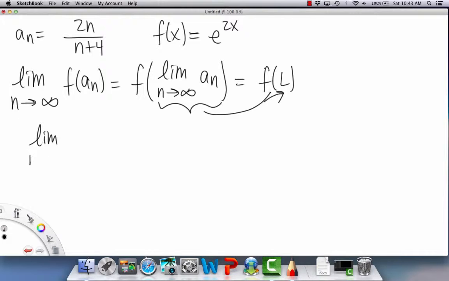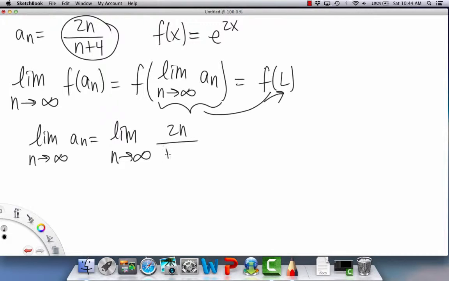So the limit as n goes to infinity of a_n is equal to, I'm just going to replace it, 2n over n plus 4. And then I'm going to divide by 1 over n on both top and bottom.